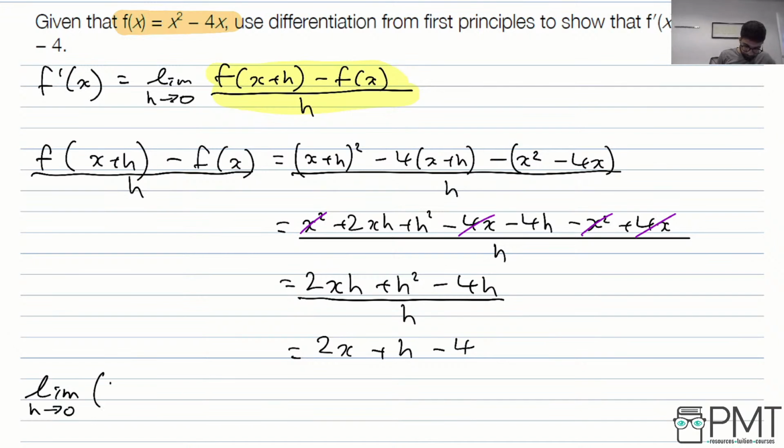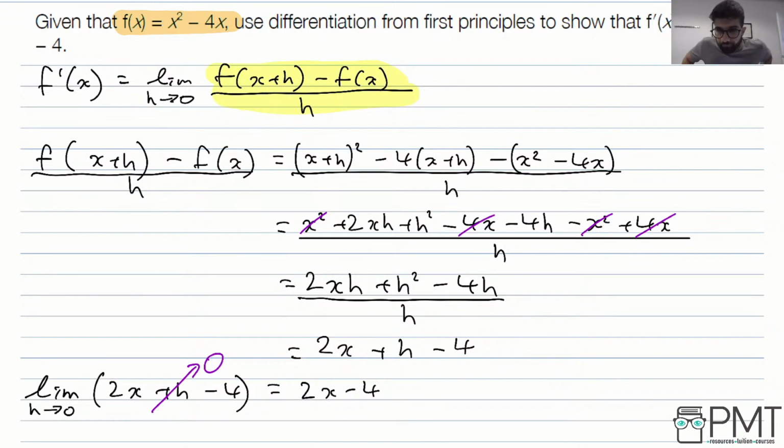So this 2x plus h minus 4 is going to be, well, what happens when h becomes 0? So the limit, you can think of it as it's literally becoming 0. So when h is 0, you can say that this goes to 0, which means this expression is just 2x minus 4.